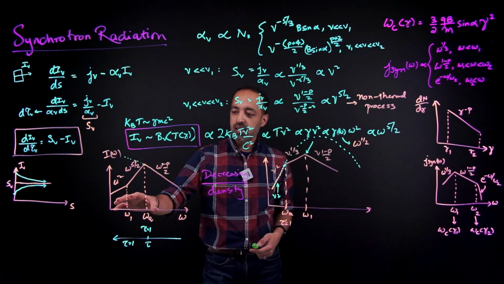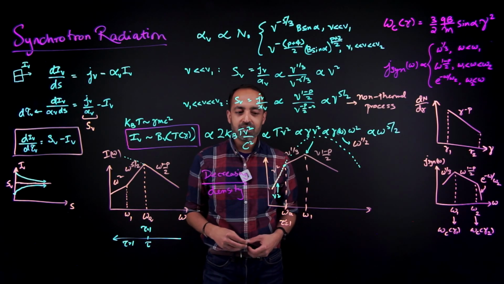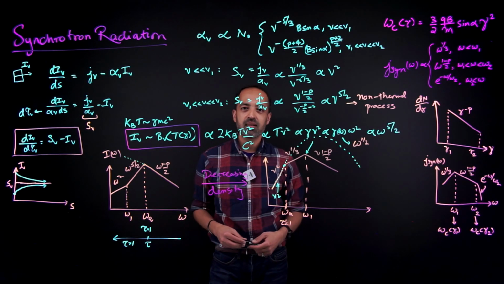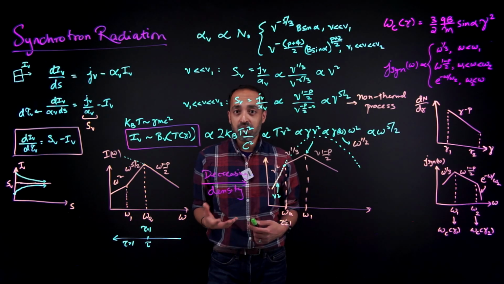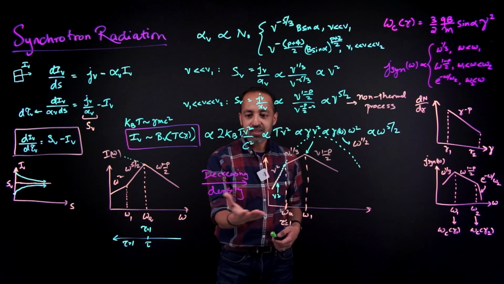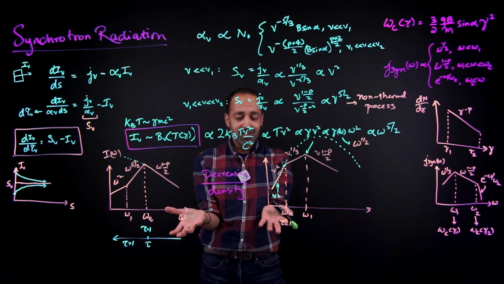It can result in a nu squared, nu to the 5/2 or nu squared, nu to the 1/3 transition, depending upon at what point in the spectrum the radiation becomes optically thick, at what point the radiation starts becoming self-absorbed.